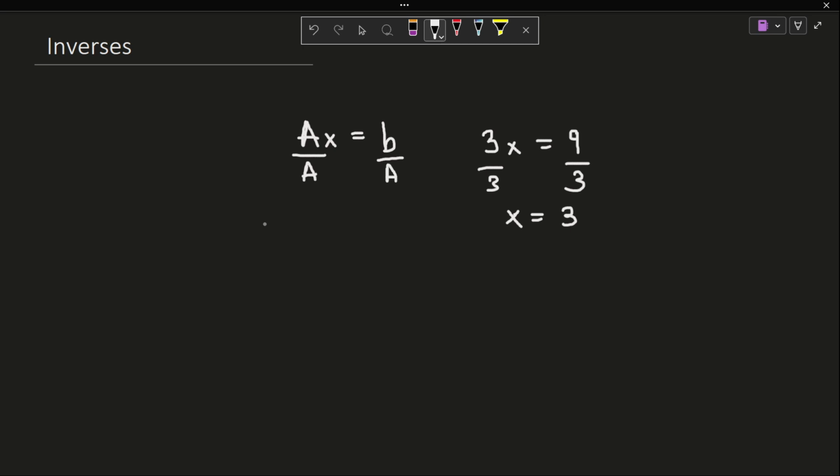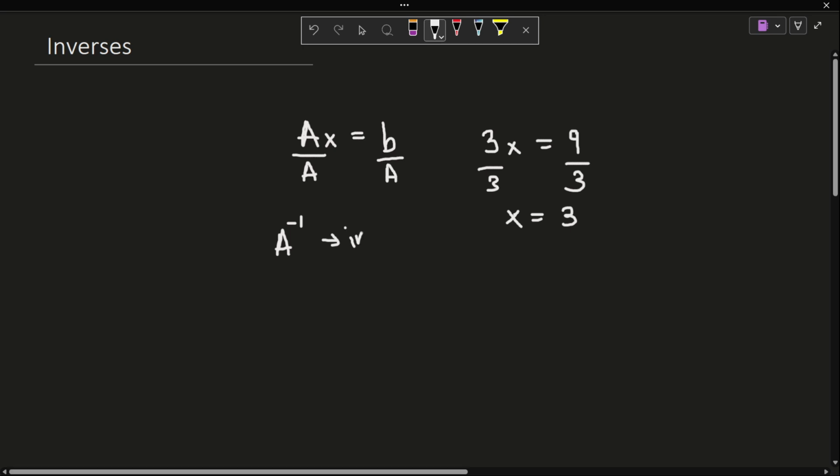Well, in matrix land, we have defined an operation that is basically equivalent to the real number reciprocal, and we're going to call that the inverse. Okay? And it's very similarly denoted, like the reciprocal of a real number would be denoted by raising to the minus first power. The inverse is also denoted like this. Inverse. Beautiful.